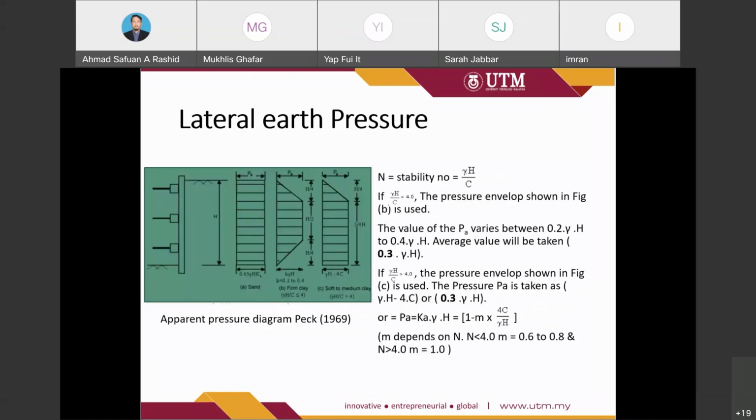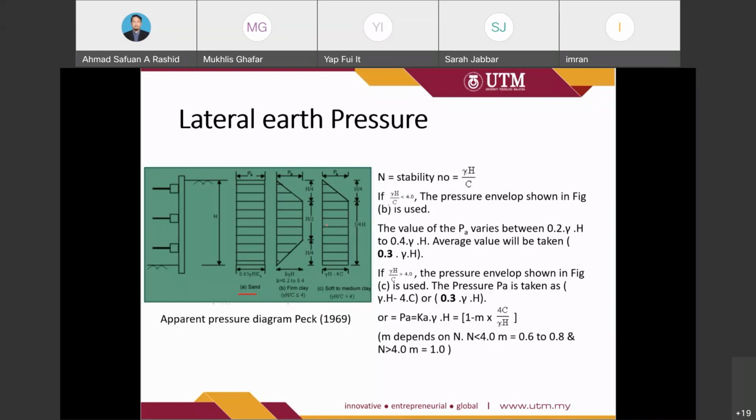So we have three types of apparent pressure diagram. The first one is for sand, and for clay we need to check the stability number.